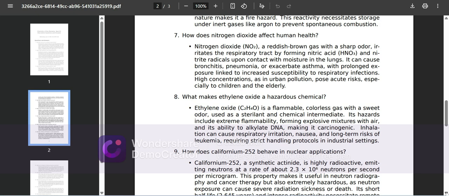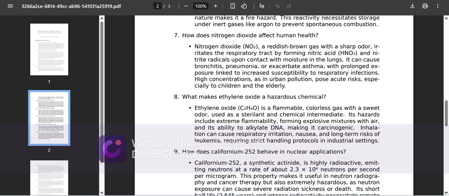How does nitrogen dioxide affect human health? Nitrogen dioxide, NO2, a reddish-brown gas with a sharp odor, irritates the respiratory tract, reacting by forming nitric acid, HNO3, and nitrate radicals upon contact with moisture in the lungs.